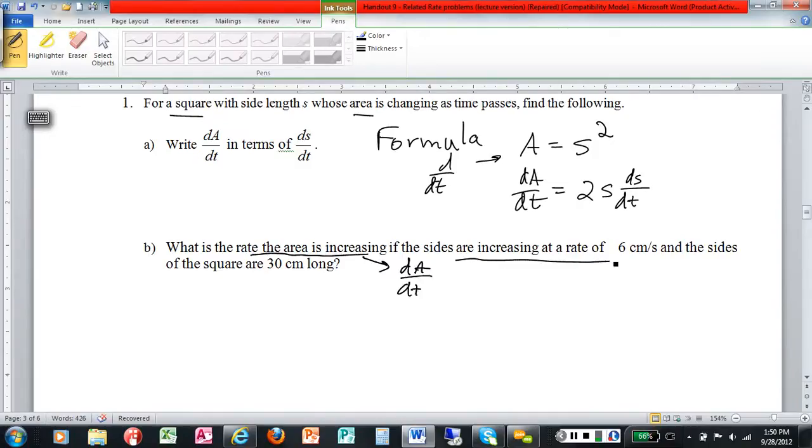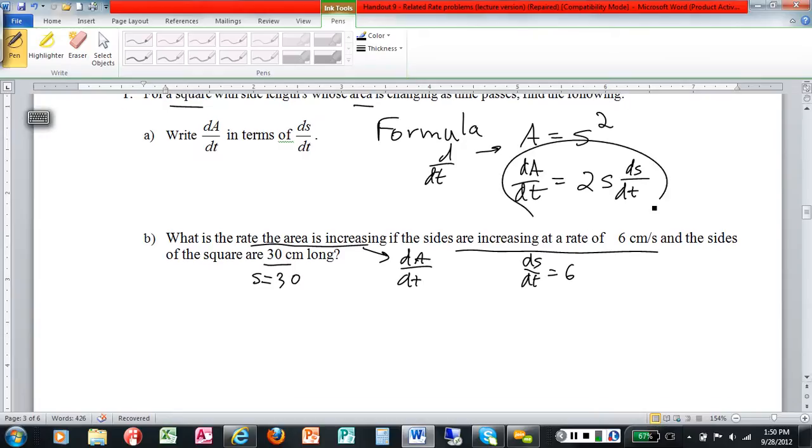The sides are increasing at a rate of 6 centimeters per second. What is that, the rate of the side increase? Isn't that ds dt? So ds dt here is 6. And the sides have a length of 30. That tells me s is 30. So this is just like the previous problems. I just have to decipher what they mean.